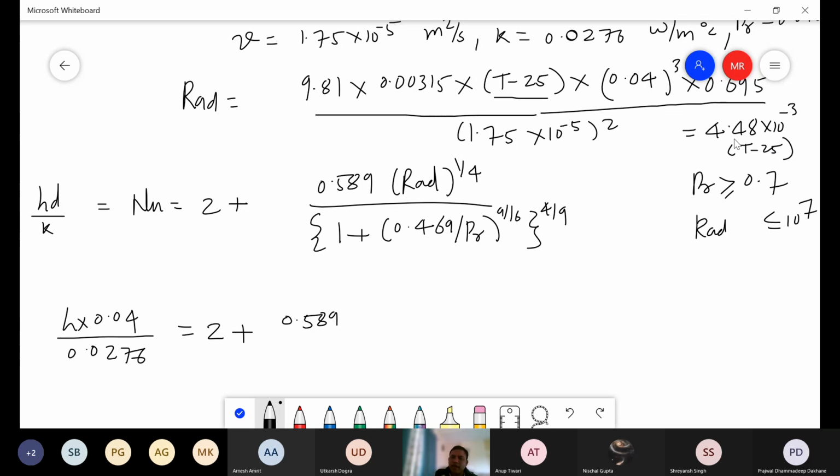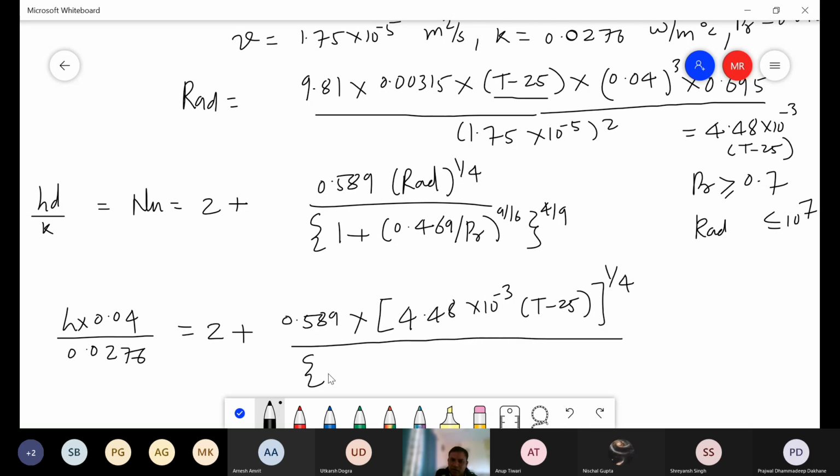Is it clear? So this we can put here in this equation. So 0.589 into the bracket 4.48 into 10 raised to power minus 3 (T minus 25), and this entire bracket raised to 1 by 4, divided by 1 plus 0.469 by Prandtl number 0.695 raised to 9 by 16, and this entire bracket raised to 4 by 9.